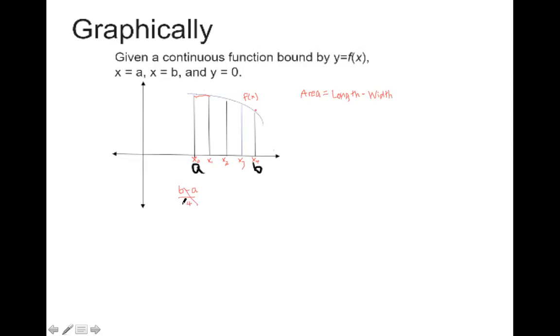In general, though, I would do my right endpoint minus my left endpoint, and I would divide it by n, where n represents the number of rectangles, or you will most often see it referred to as subintervals.